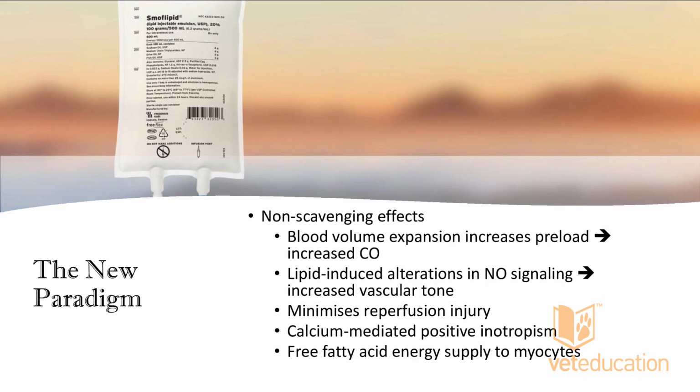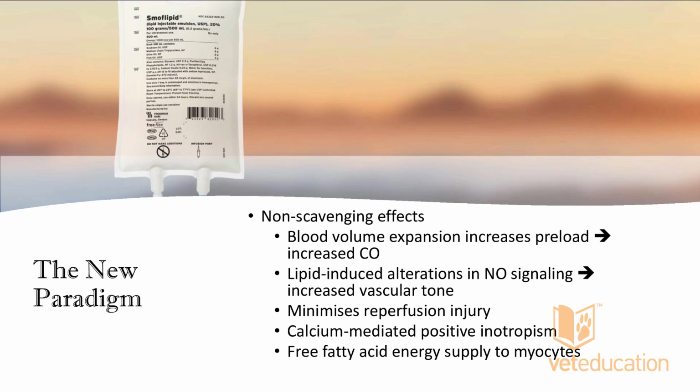There are some non-scavenging effects of intravenous lipid emulsion therapy as well, and these have most thoroughly been described with local anesthesia toxicity, so bupivacaine or lidocaine or lignocaine toxicity. But one of the non-scavenging effects is, I mentioned before, blood volume expansion.